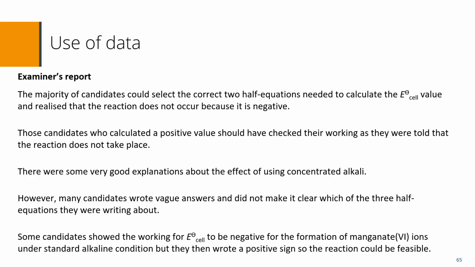However, many candidates wrote vague answers and did not make it clear which of the 3 half equations they were writing about. Some candidates showed the working for E0 cell to be negative for the formation of manganate 6 ions under standard alkaline conditions, but they then wrote a positive sign to show that the reaction would be feasible. So they just changed around, even though their calculation was incorrect.